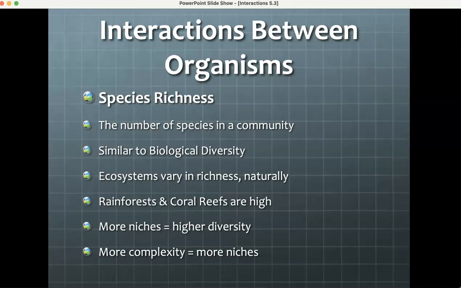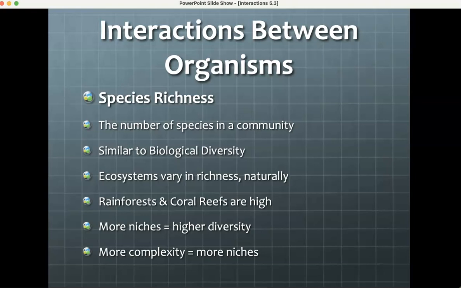So related to diversity, we have something called species richness. And it's really a count of the number of different species in a community. As I just said, it's very similar to diversity, biological diversity. Ecosystems do vary, okay?